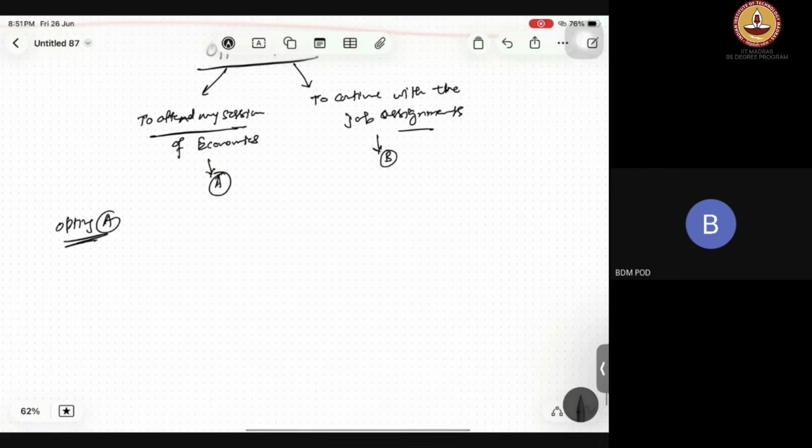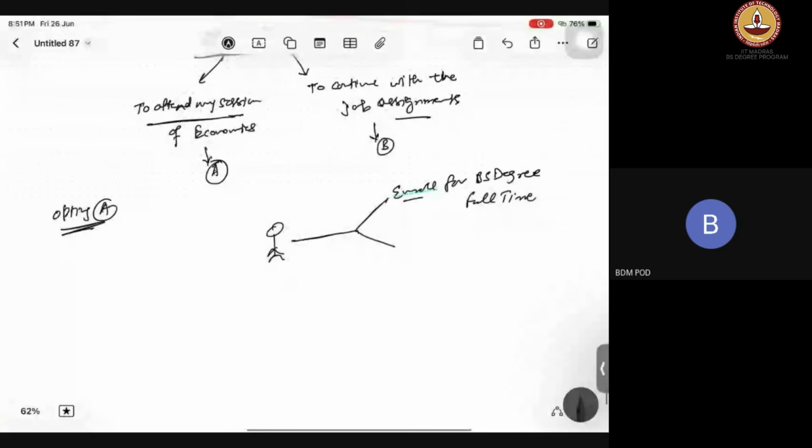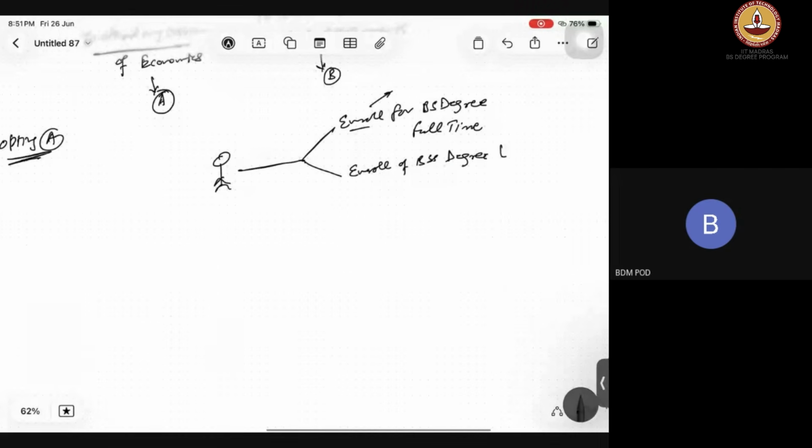Suppose a person is traveling and he has two paths. One path is to enroll for a BS degree full time, and the other path is to enroll for a BS degree part time.